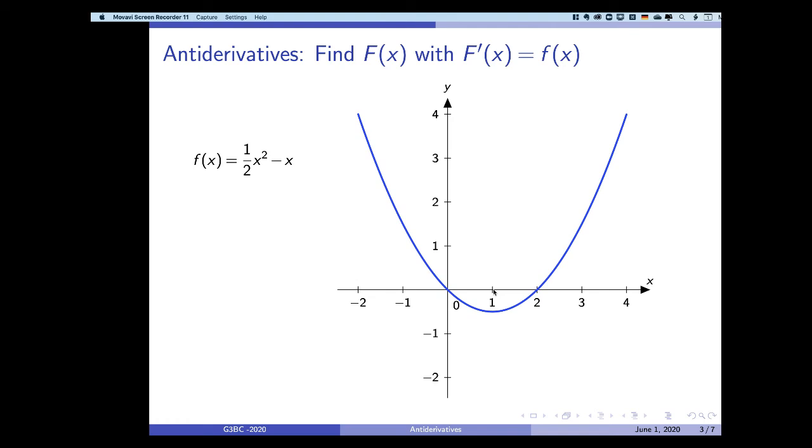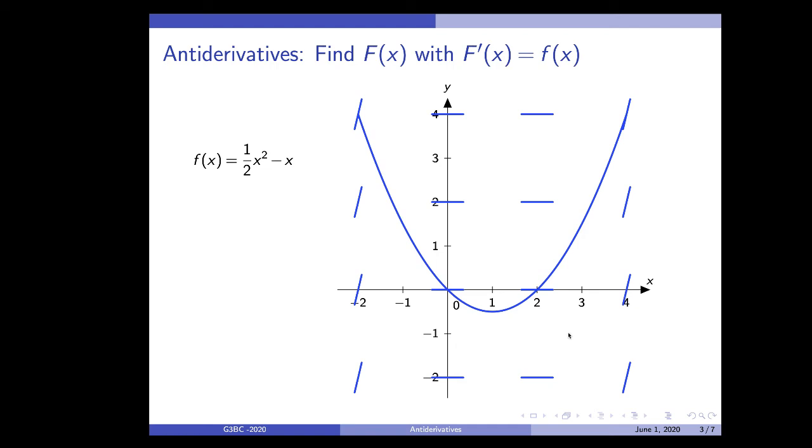Now, what if our function, small f, already contains this information for the function capital F we are after? Then we know, for instance, that for x equals 2, the slope of capital F must be 0, because f of 2 equals 0. So at x equals 2, there must be a minimum or a maximum or a saddle point.